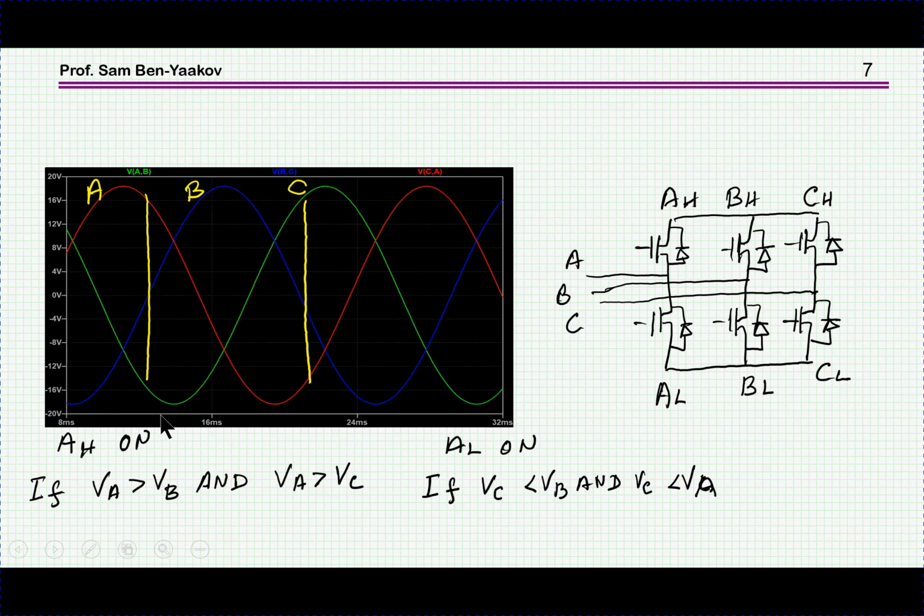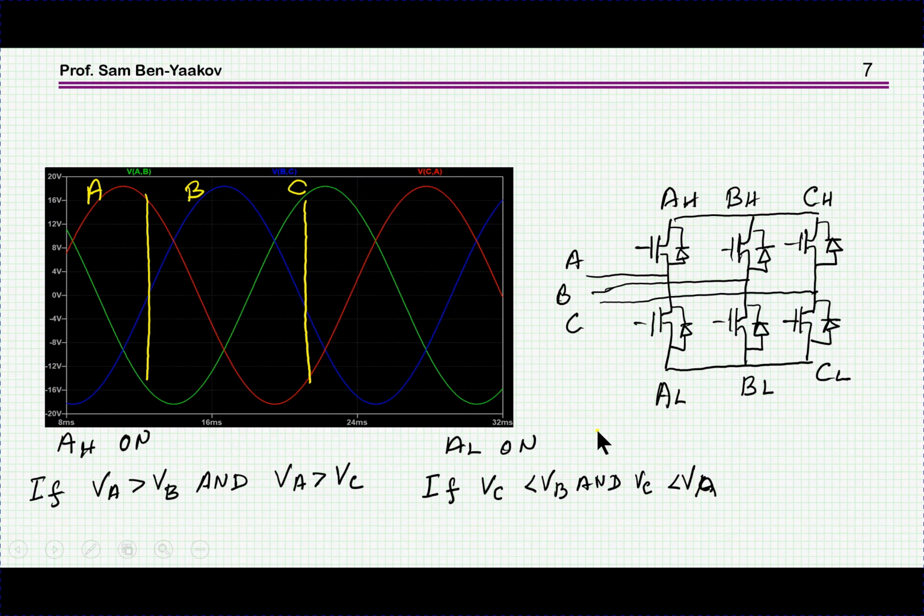So we'll turn on A sub H, this upper transistor, if VA is larger than VB and larger than VC, and we'll turn on this one if VC is smaller than VB and also smaller than VA. So this is the capability of this voltage source to adapt to a logic-driven type of expression.